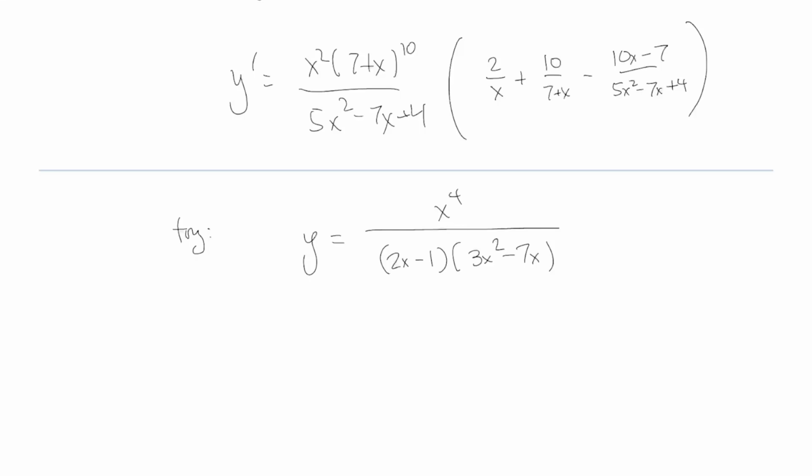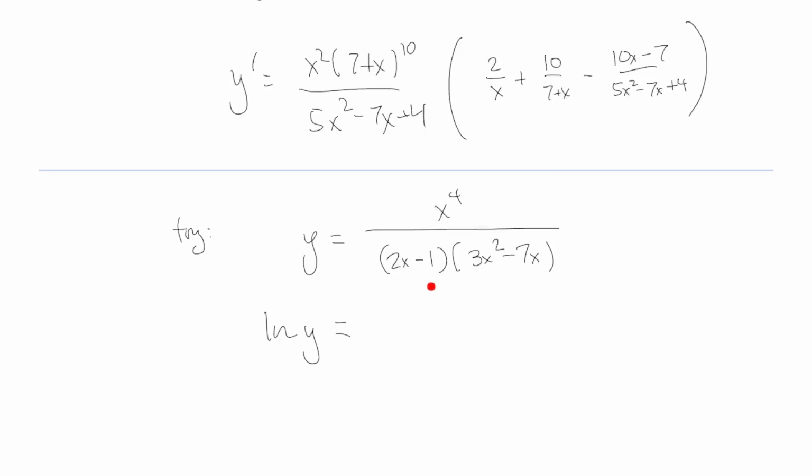All right, let's chat about this one. So, this being a big quotient, when I make the logs, I'm going to do logs on both sides, right? Like I said before, if you know what you're doing, you can do a lot of these steps in your head. When I take the log, I see a quotient here. That means it's going to be the top minus the bottom.